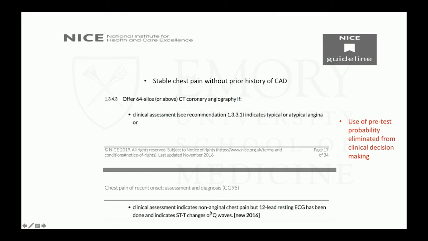Even in patients where you think, oh, this is non-anginal chest pain, but they have abnormal findings on their EKG, the recommendation would be for coronary CTA. And this is, interestingly enough, independent of a pretest probability. That was eliminated from decision-making in these guidelines. So a different way of doing things, but certainly an interesting and provocative way nonetheless.